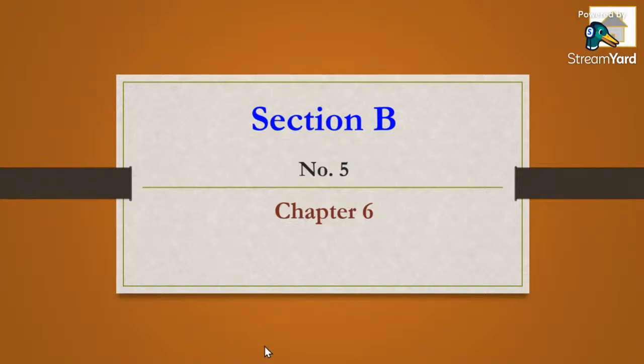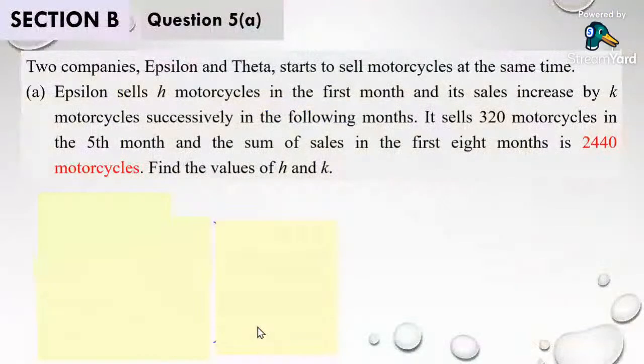For question number 5, you need to really interpret carefully the idea of the question before you can solve it. By the way, this question has a correction, where this part here in red, the 2440, should not be in RM because it doesn't make sense.